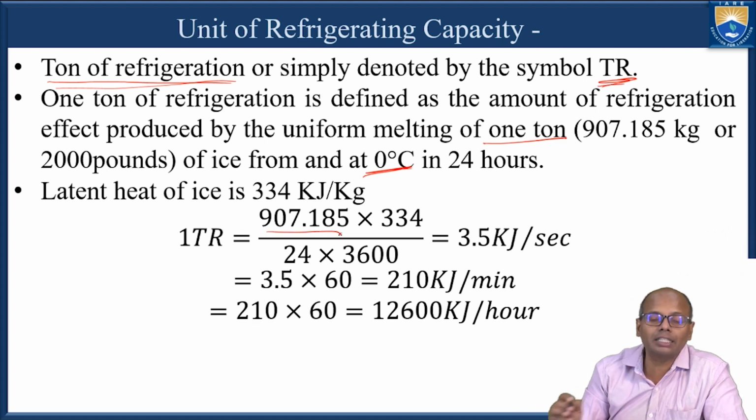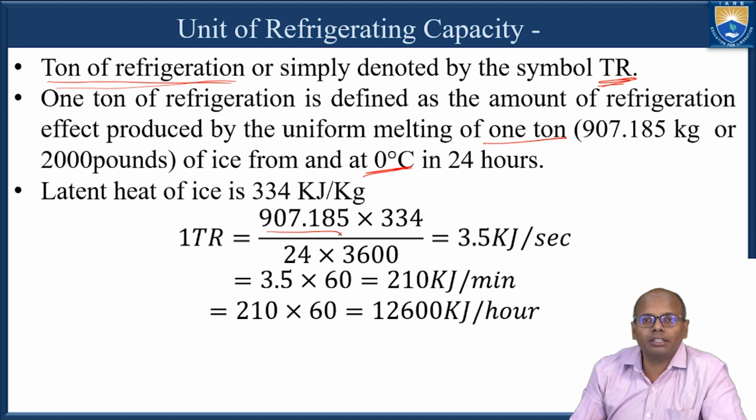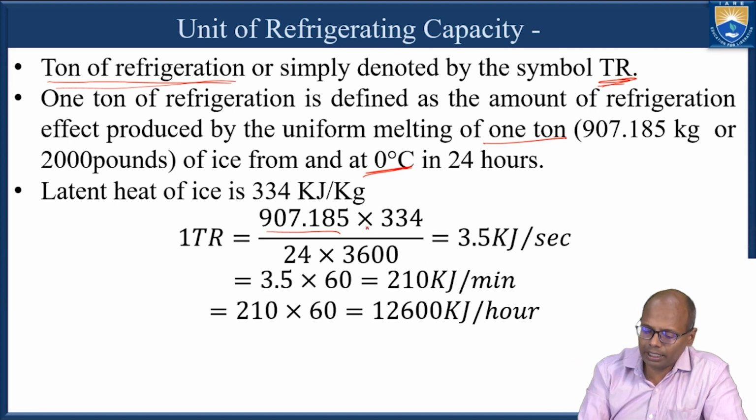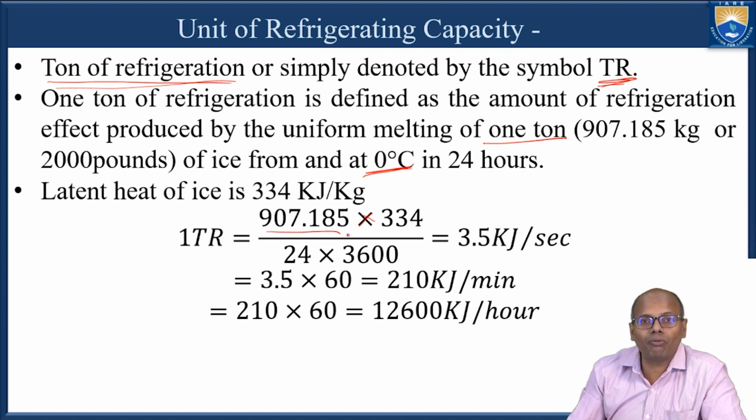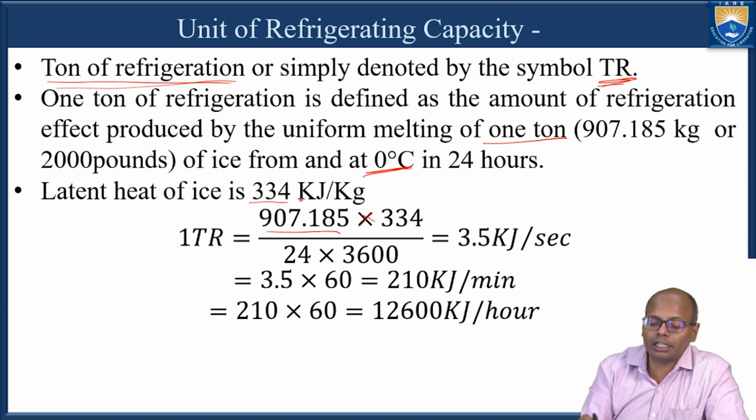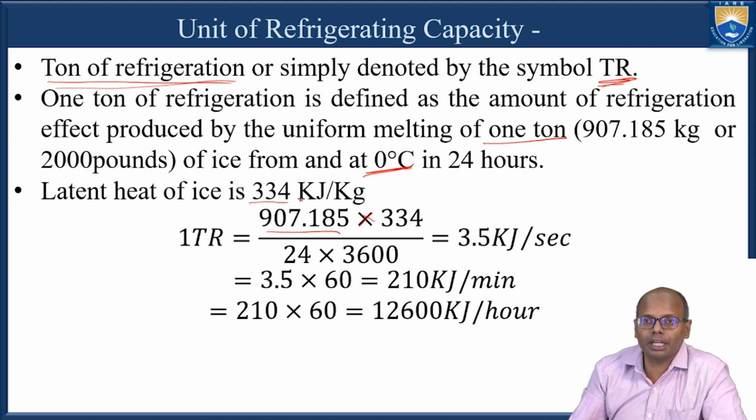The weight is 907.185 kgs. So that is 1 ton, and the latent heat of melting of ice is 334 kilojoules per kg.